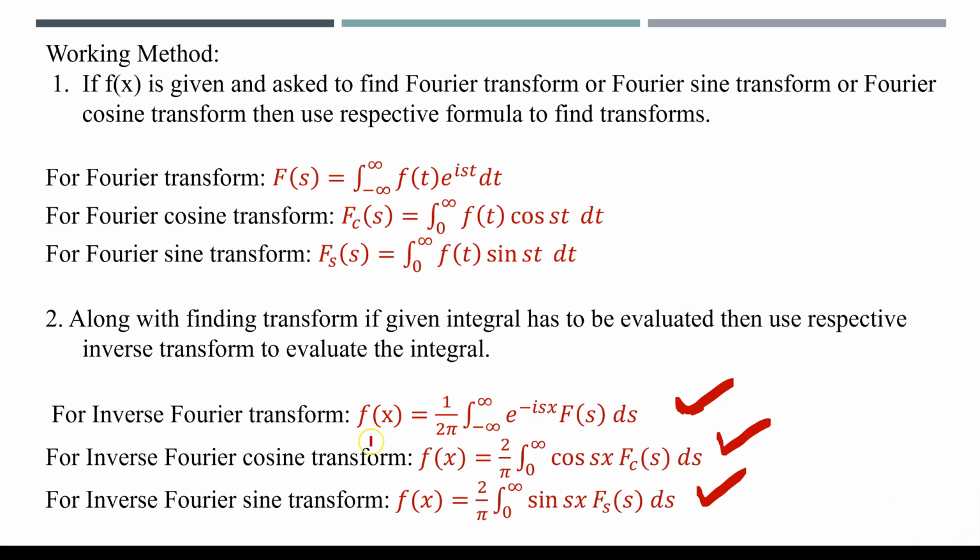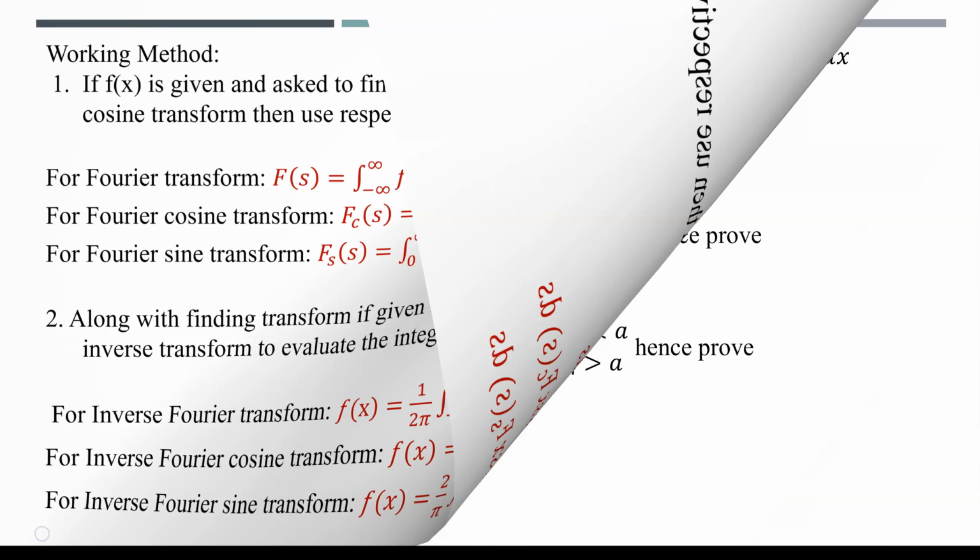Here the inverse Fourier transform is this one, the inverse Fourier cosine transform is this, the inverse Fourier sine transform is this one. So solving these questions is very simple. Using the Fourier transform formula we find the transforms, and if you want to evaluate any integral then we use the inverse Fourier transform to get the value of that integral.